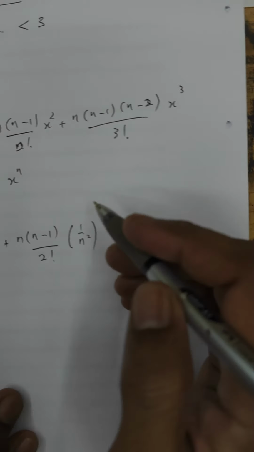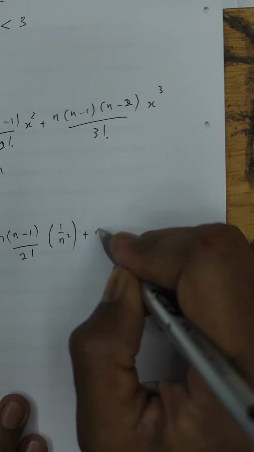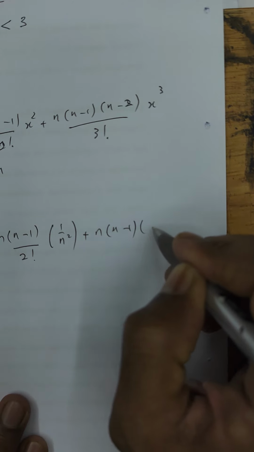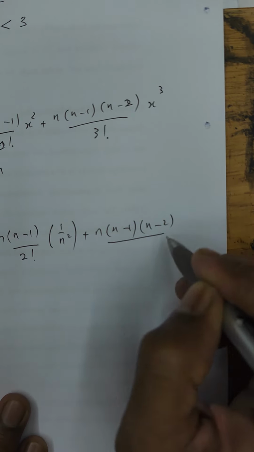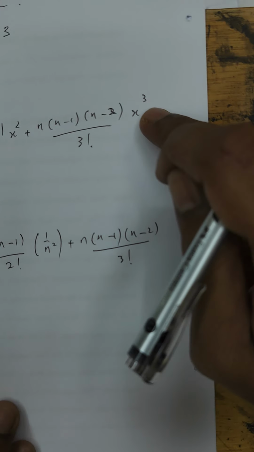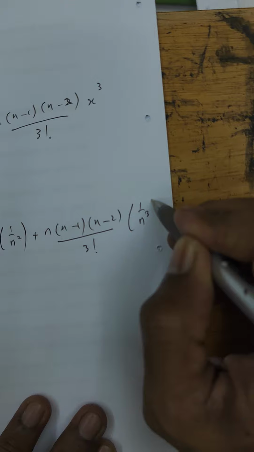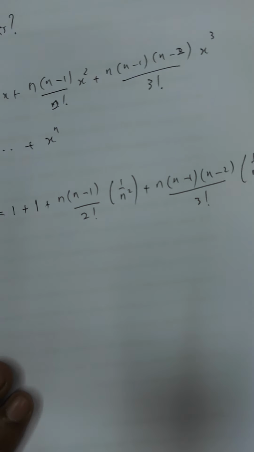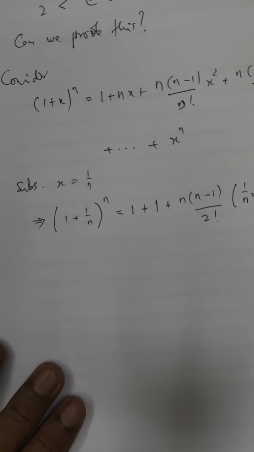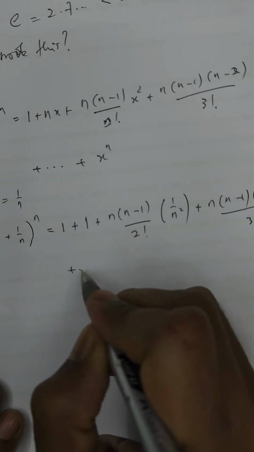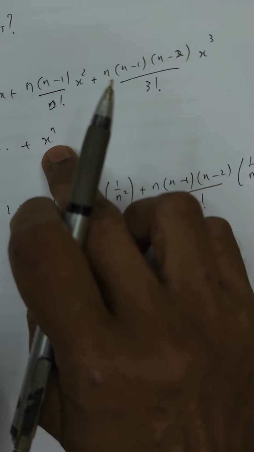The same with the next term: n(n minus 1)(n minus 2) over 3 factorial, and x cubed gives 1 over n cubed, and so on until the last one.